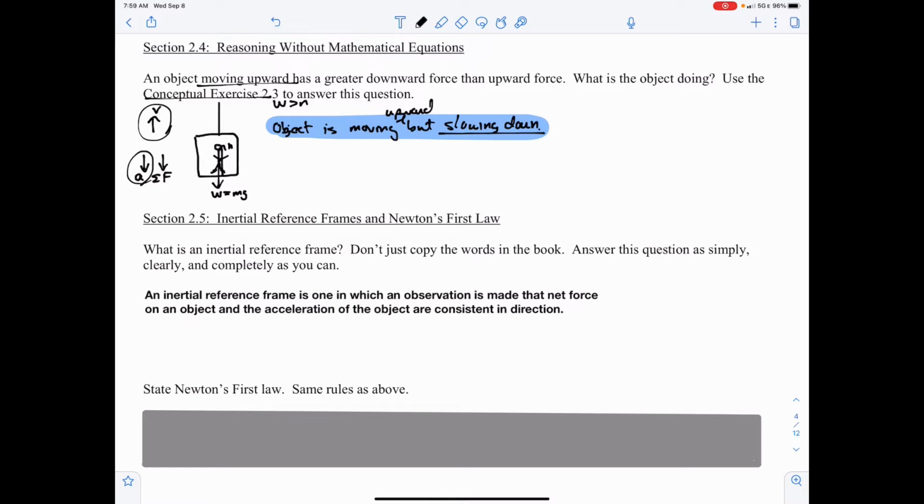Well, the person accelerated forward, but the problem is nothing actually pushed the person forward. So from the frame of reference of a person inside the car, that would be referred to as a non-inertial reference frame because it's inconsistent. There's no net force really pointing the same way as the acceleration the person's experiencing.